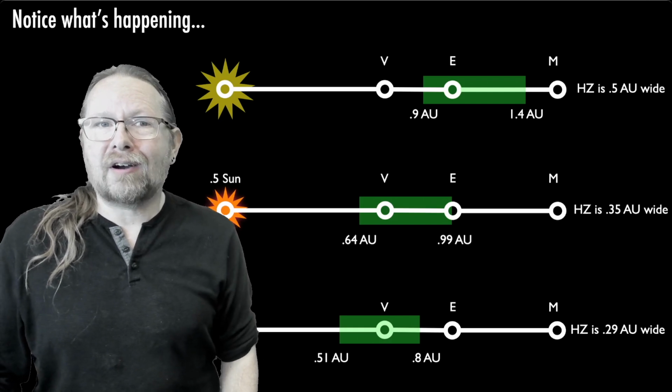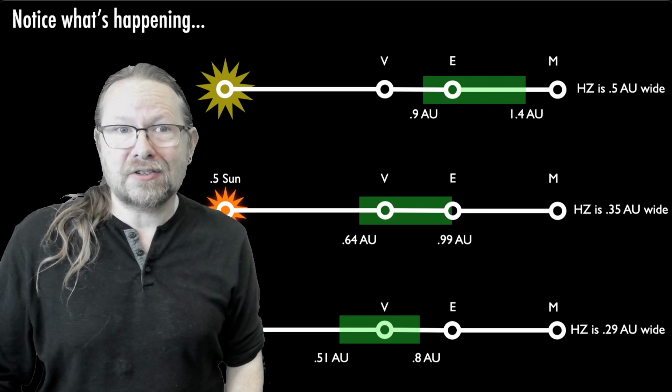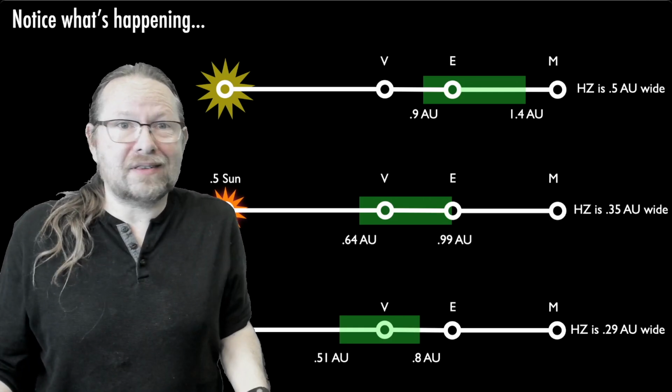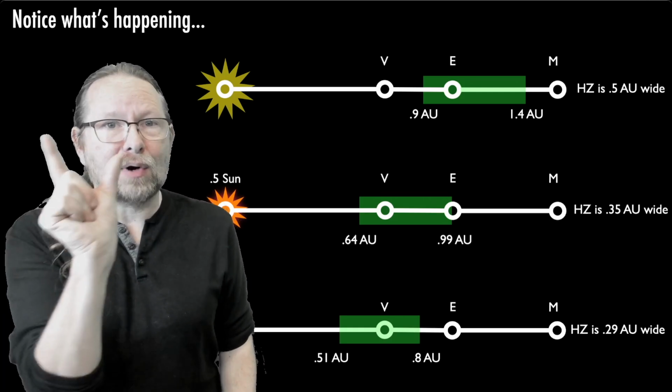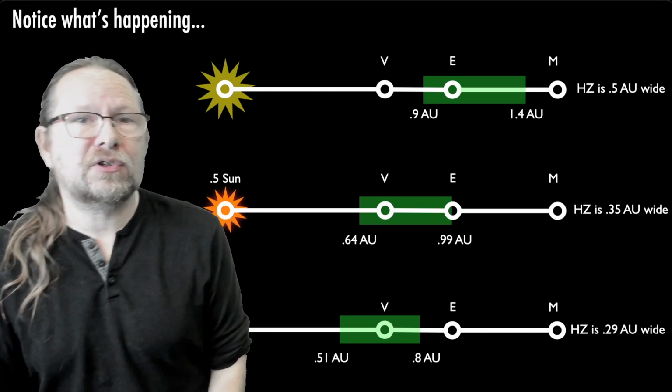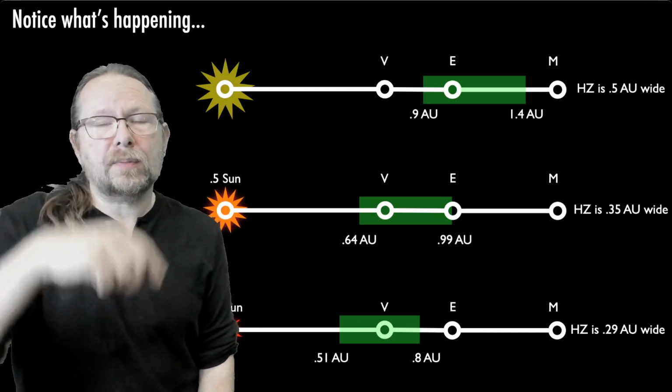So while there are lots and lots of M stars, their habitable zones are very narrow, and it might just wind up that there aren't any planets in them, because the probability of one winding up in such a narrow slice of the possible orbits gets smaller.